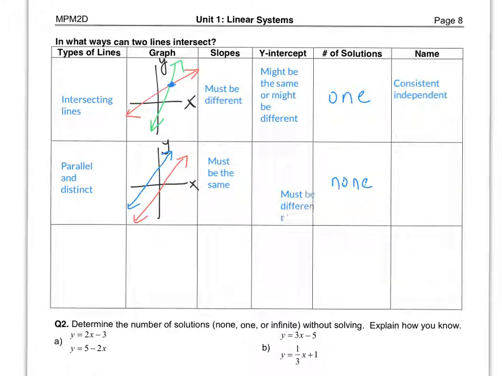These are things that we're going to check when we are looking ahead at equations of lines and trying to predict what's going to happen there. This is called an inconsistent system. And again, I won't be testing you on this. I don't think these fancy names are important, but knowing the three ways and the three scenarios is important.